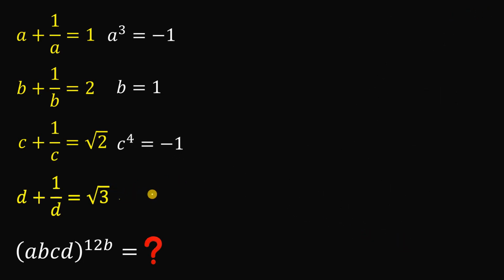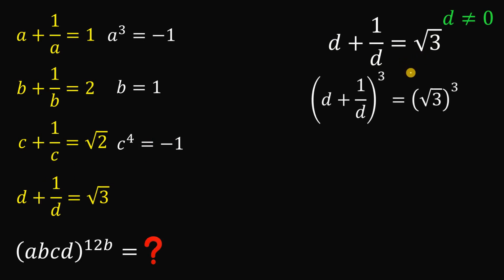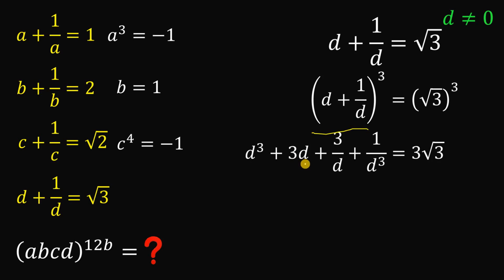Finally, for the fourth equation, the last equation, let's get this. And we know d here is not equal to 0. Now, to solve for the value of d, what we're going to do is cube both sides. Now, the left-hand side of our equation, we will have d cubed plus 3d plus 3 over d plus 1 over d cubed. And on the right-hand side, we have 3 times square root of 3.